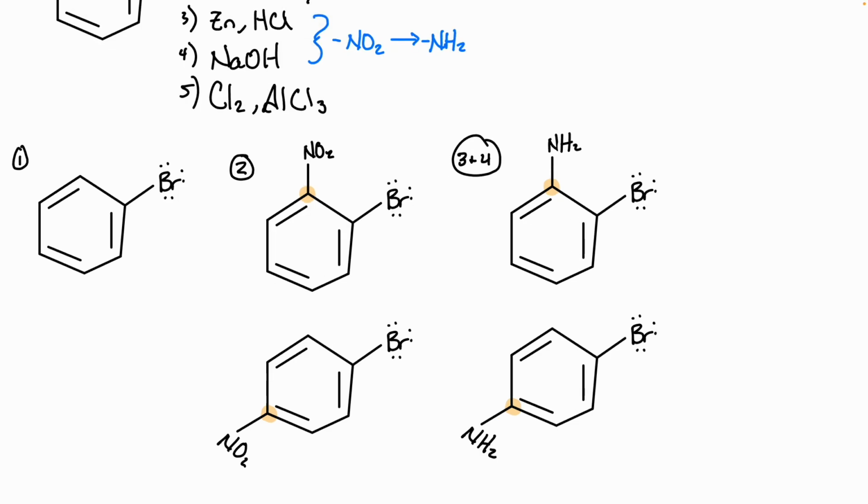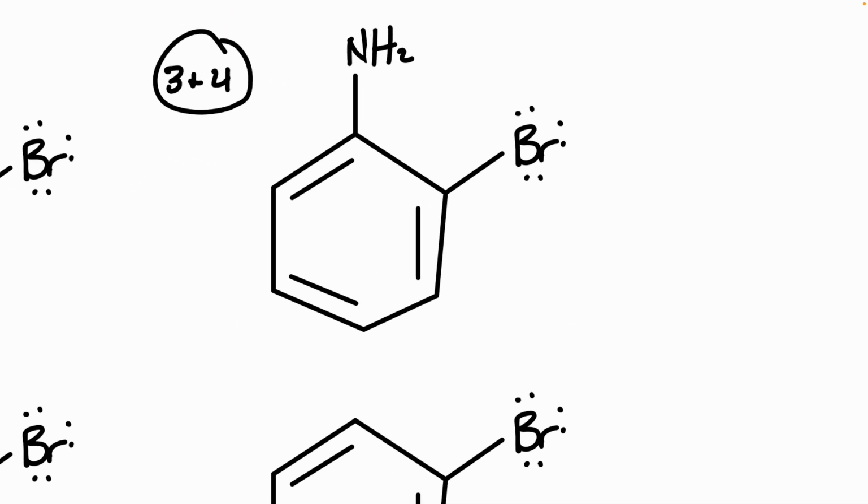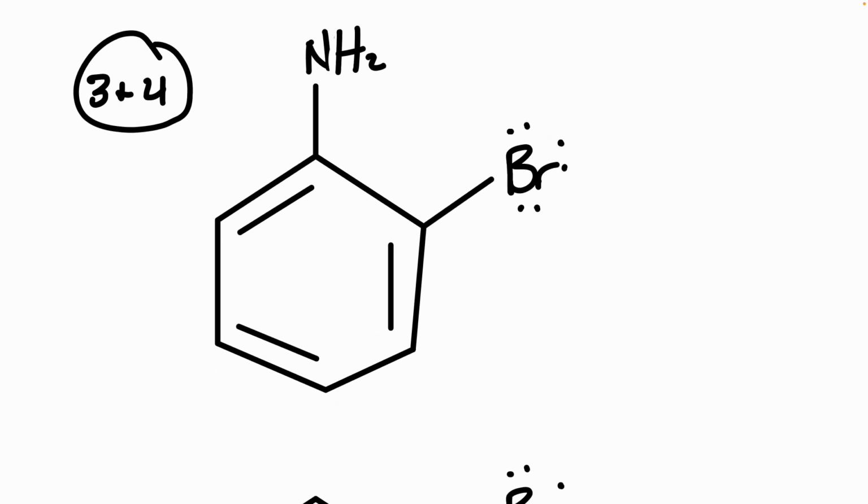Cool. So let me get rid of this. Our last reaction here is that chlorination reaction, putting a chlorine on the ring. But again, I got to figure out where it goes. So I'm going to look. Bromine is what? Ortho-para or meta-directing? Ortho-para.